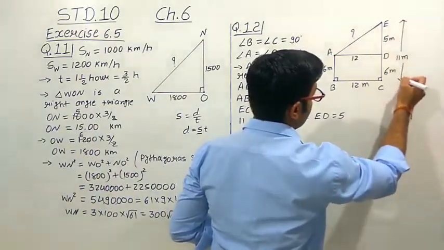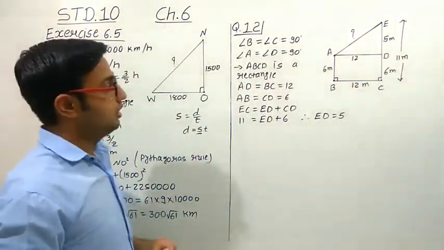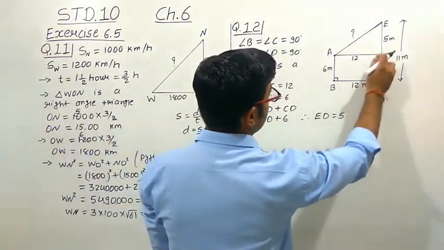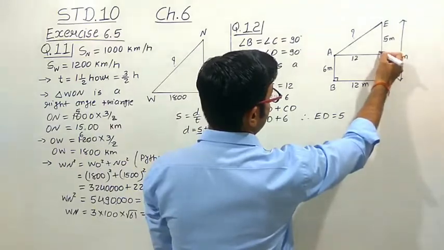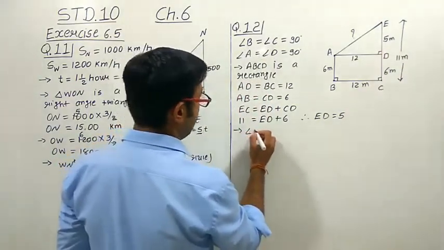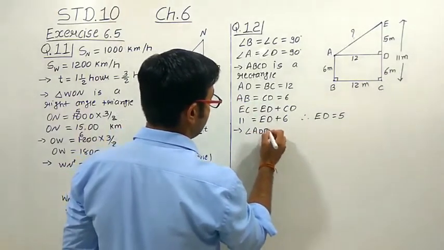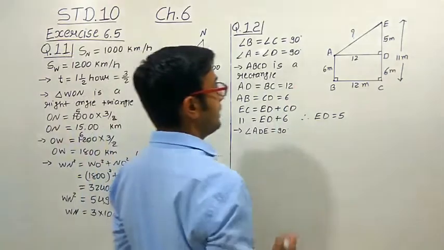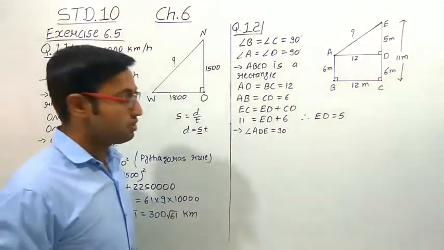Right? So now, as this angle is 90 degrees, this angle also becomes 90 degrees. So here angle ADE is equal to 90 degrees. So in triangle ADE, now we can apply the Pythagoras theorem.